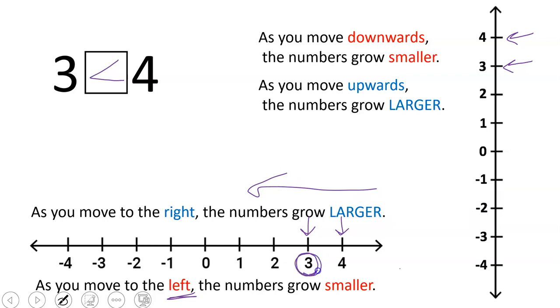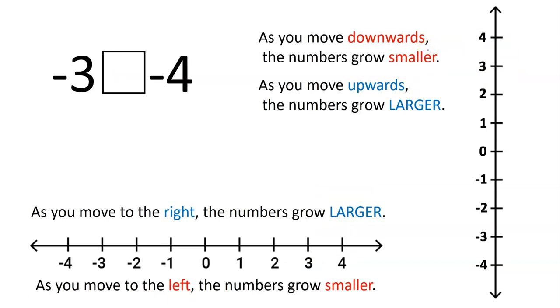So if 3 is to the left of 4, then 3 is smaller. You could also use the same reasoning on the vertical number line. Since 3 is lower than 4, and as you move downwards the numbers become smaller, 3 being below 4 means that it's smaller than 4.